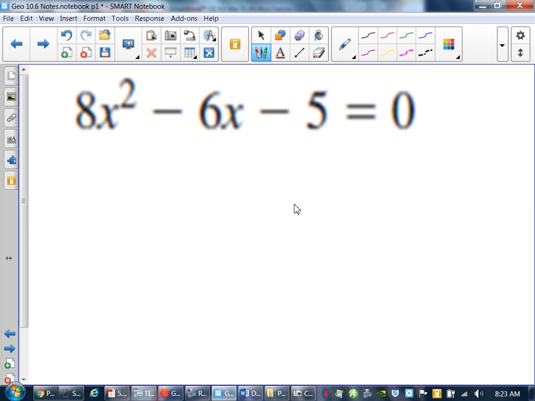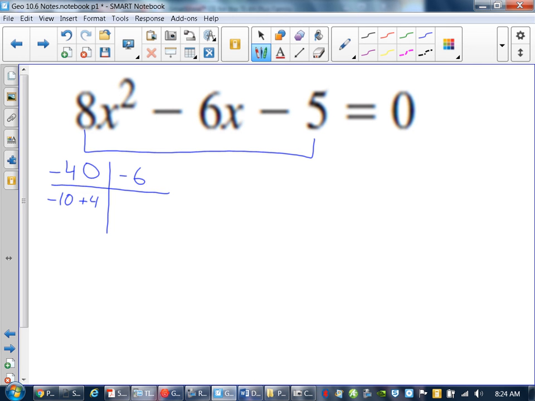When you multiply your tails together, what do you get? Negative 40, good. Multiply your tails, you get negative 40. So I'm going to ask, what times what is negative 40, but adds together and equals negative 6? Very good. So we know that's going to be a negative 10 and a positive 4.